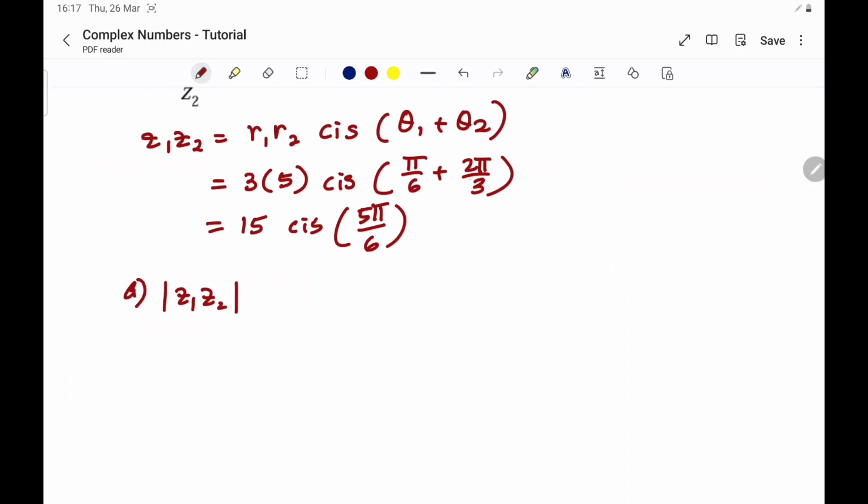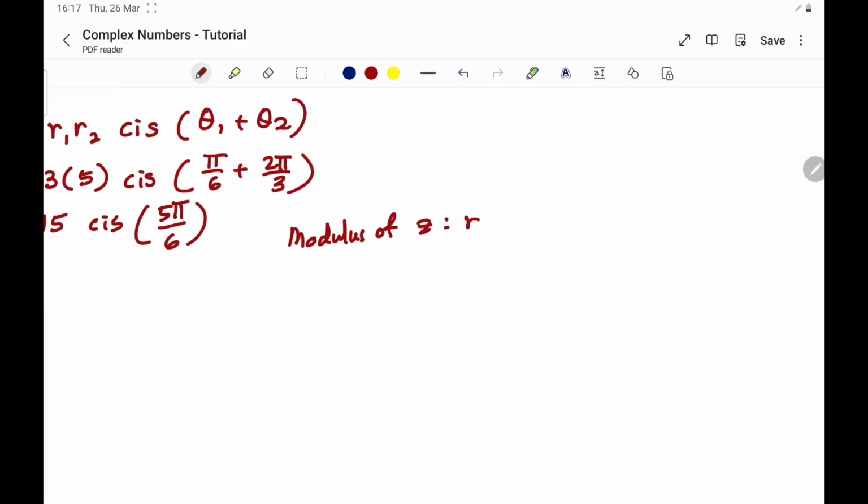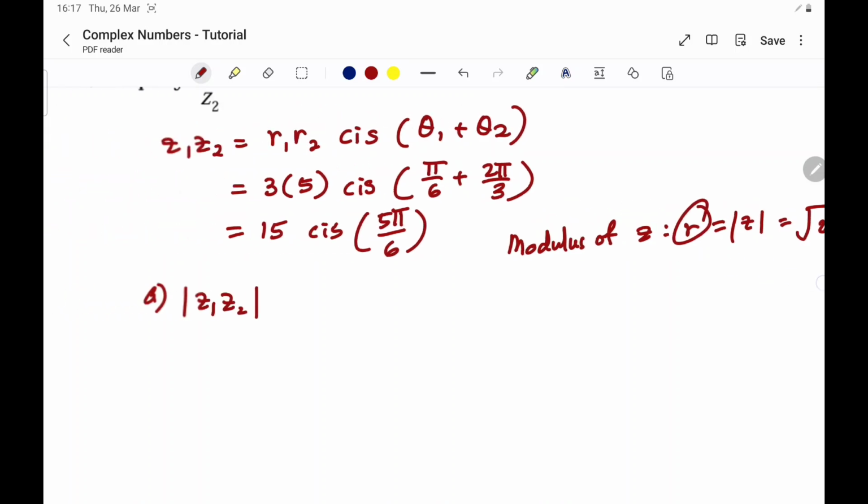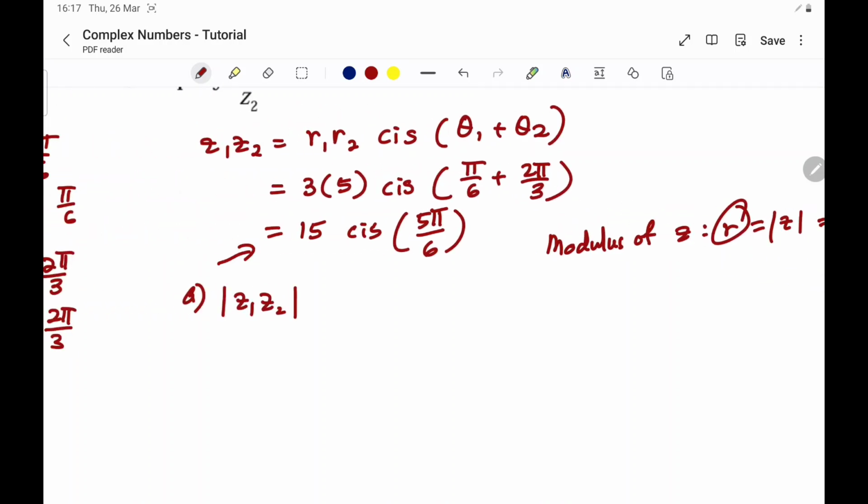The modulus of z, which is r, is equal to the square root of x squared plus y squared. So from z1 multiplied by z2, the answer we get for r here is 15. So by right, the modulus of z1 multiplied with z2 is equal to 15.